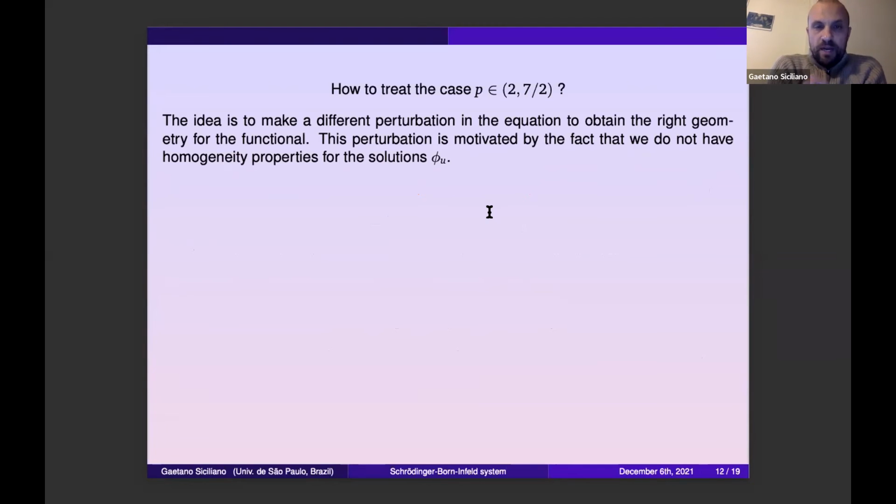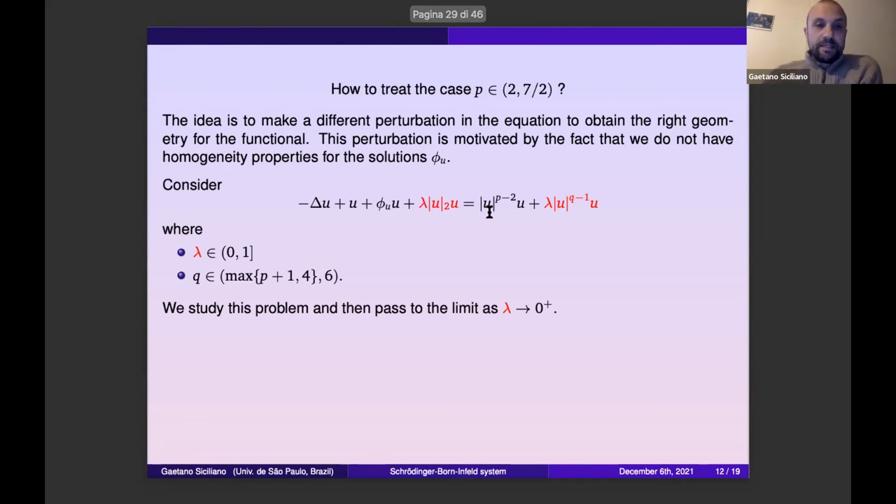How to treat the case whenever P is less than 7/2? Of course, we need to change something in our computation because our method does not work. And indeed, the fact here is to perturb the equation in a different way, this time by adding some terms in the equation.